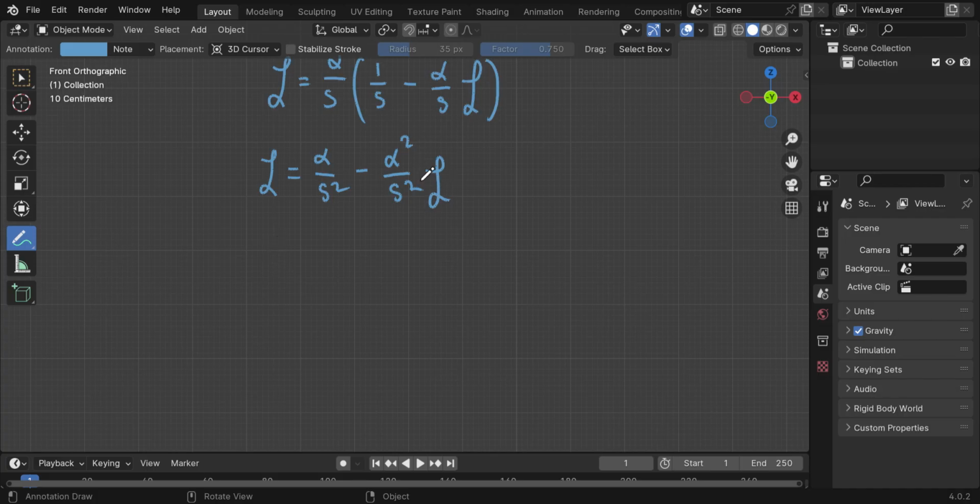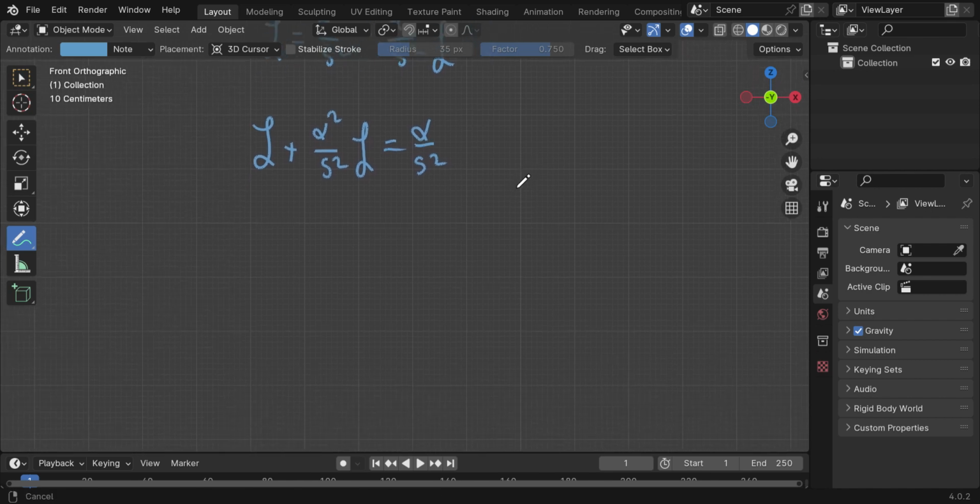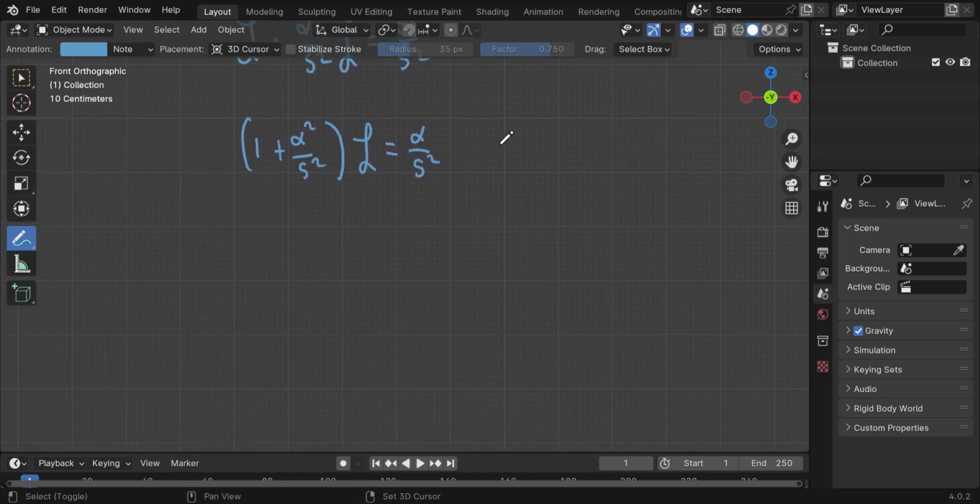Next, I'm going to bring this over to the left hand side, so I get L plus, since we're adding it to both sides, L plus alpha squared over s squared L equals alpha over s squared. Okay, now factoring, we get 1 plus alpha squared over s squared, L is alpha over s squared.